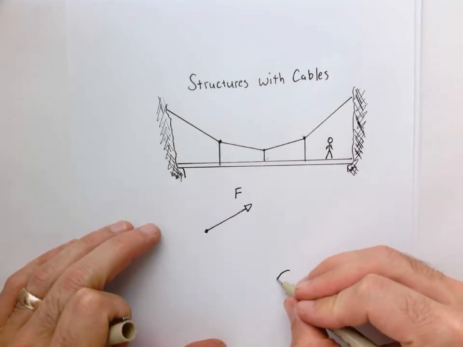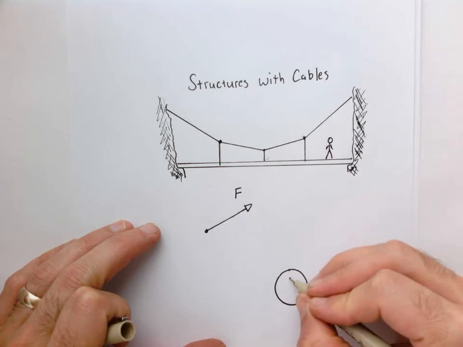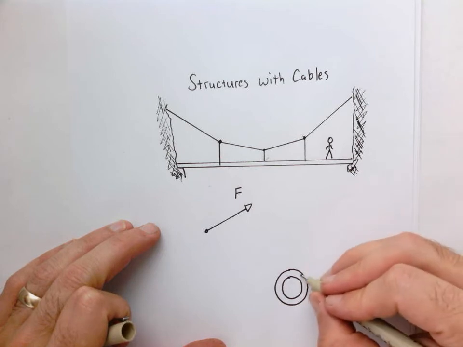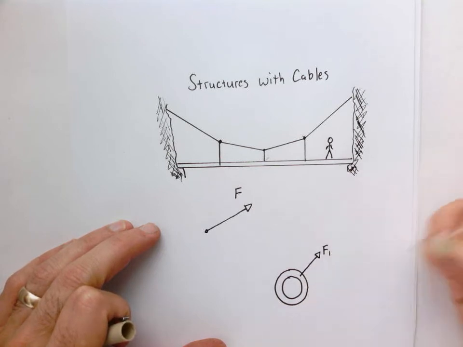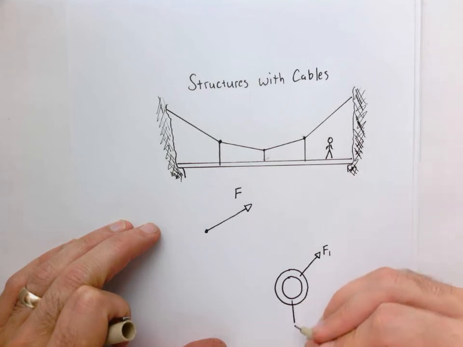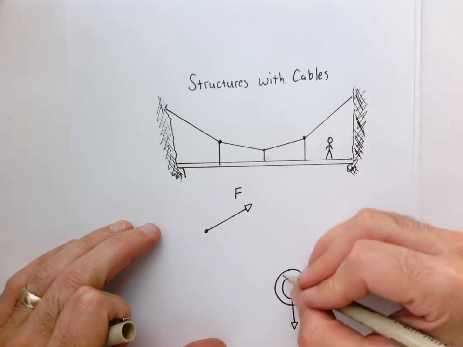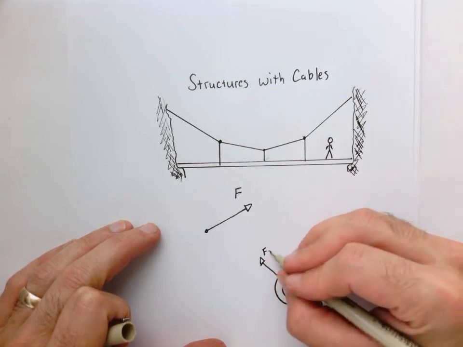All that means is we draw just the washer as though it's the only thing in the world that exists, hence it's a free body. Then we draw the forces that are acting on that body. We have a force here, F1, due to string 1, a force here due to string 2, and a force here due to string 3.